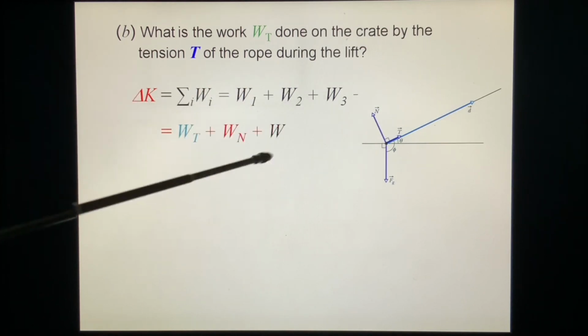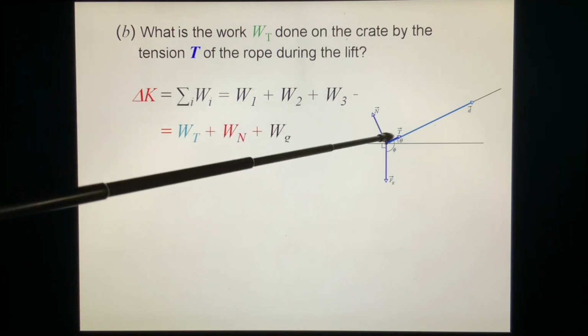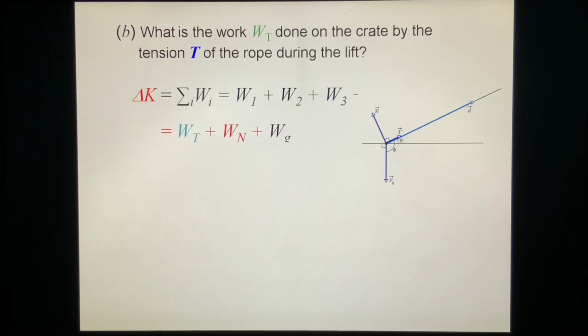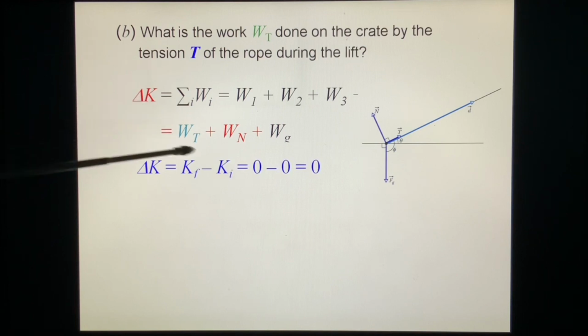Because the initial and final states are both stationary, delta K is equal to 0. That means the sum of these three works put together is 0.